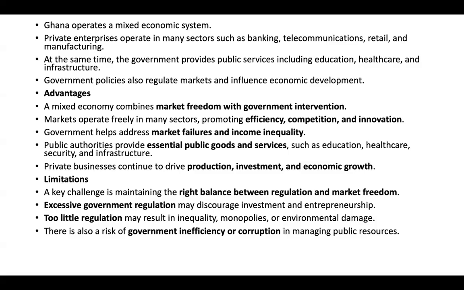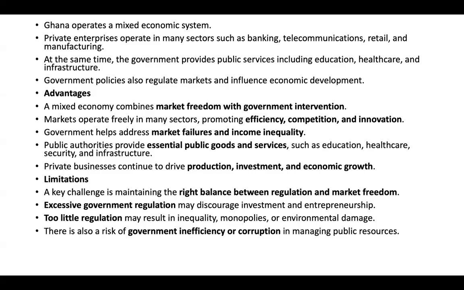Then a second benefit is that the government can regulate industries by providing social welfare and investing in infrastructure, while private businesses continue to drive production and economic growth. So the market operates freely in many sectors. When the system allows the market to operate freely, it promotes efficiency. There's competition.